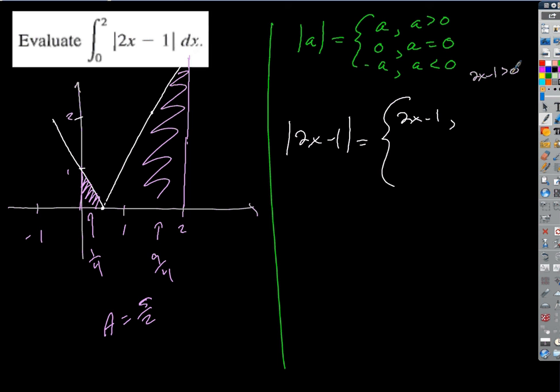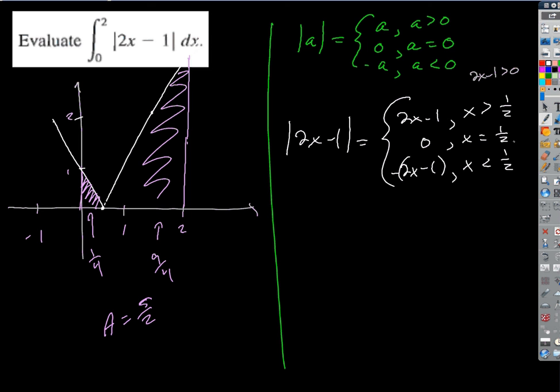X is greater than 1/2. Okay, good. So when x is greater than 1/2, it equals 2x minus 1, and when x is less than 1/2, it equals the opposite, negative 2x plus 1. And it equals 0 when x equals 1/2, right? Okay, so then that helps.